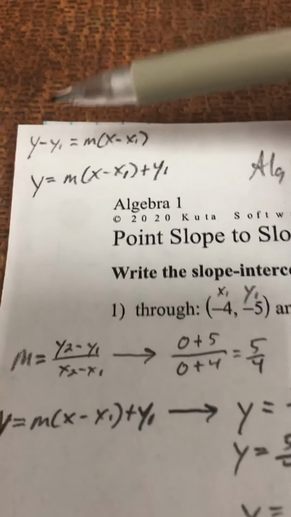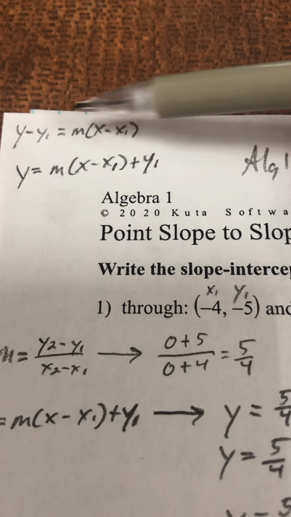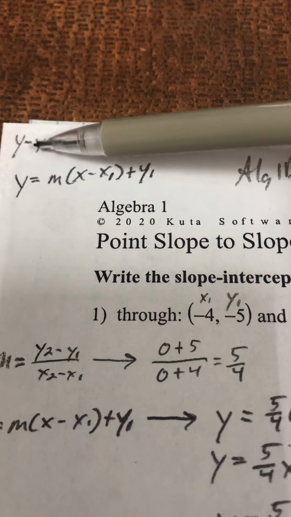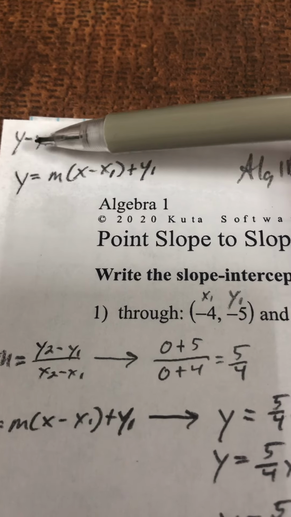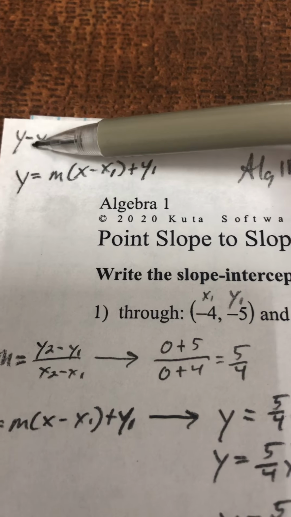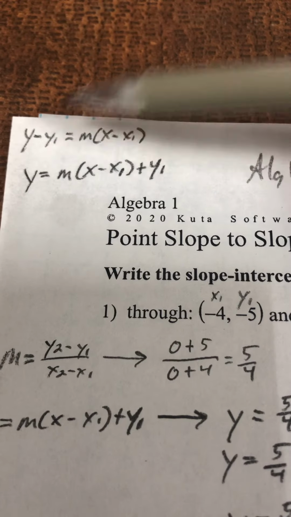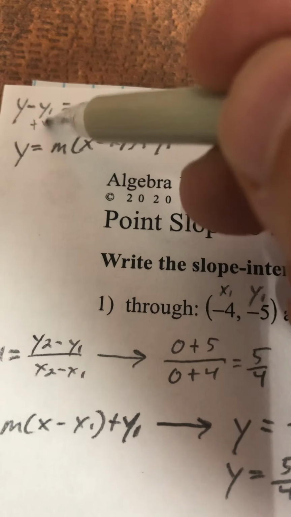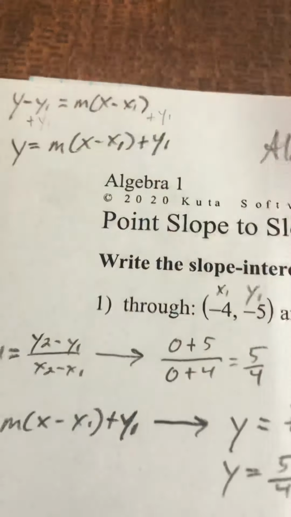This is the formula that we've been using for point-slope form. What I've done with it is I've moved my y sub 1 over to this side of the equation. In other words, I added y sub 1 to both sides of the equation.